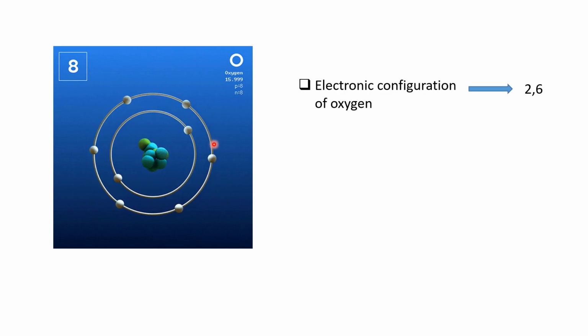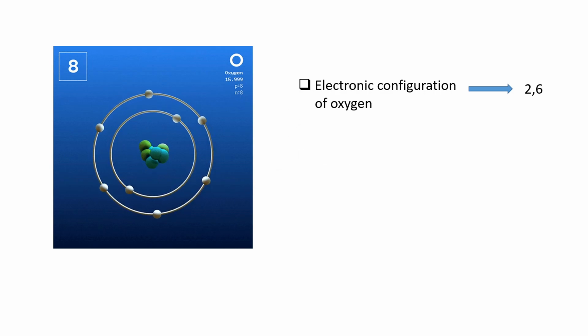So 6 are accommodated in the next orbit, the second orbit, where the limit is 8, but 6 is less than 8, so all the 6 electrons go in the second orbit. So the electronic configuration becomes 2, 6. And remember this, electronic configuration has nothing to do with protons and neutrons. It is only the arrangement of electrons across these orbits.